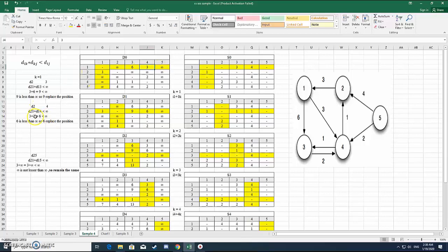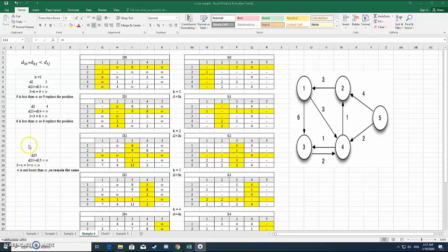So 3 plus 3 is equal to 6. 6 is less than infinity. So 6 will replace the column. So we put the 6 here. Okay, after we put the 6 in this column, we also need to put the 1 in the same column of the S1 table. So we need to put the 1 here because this column is also completed in iteration 1.